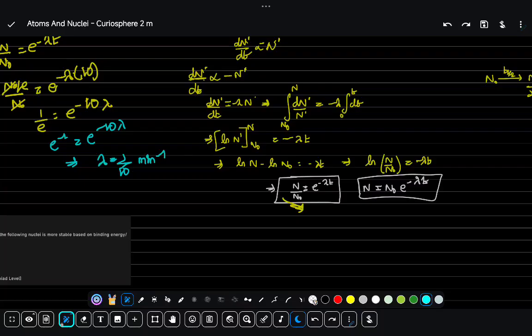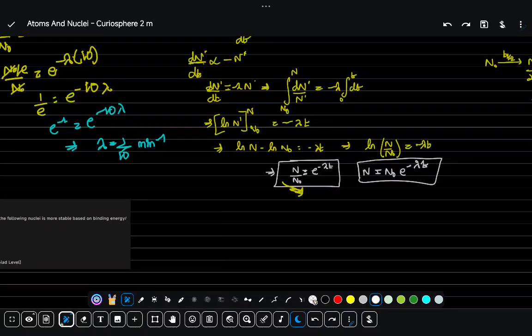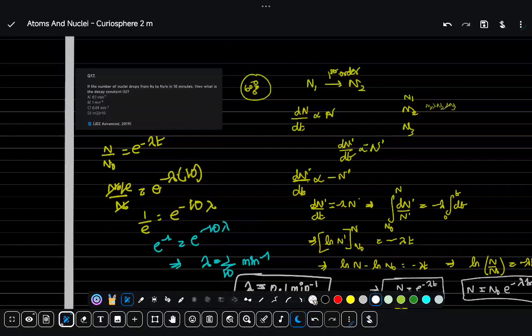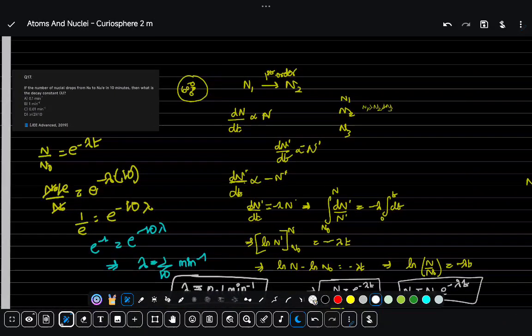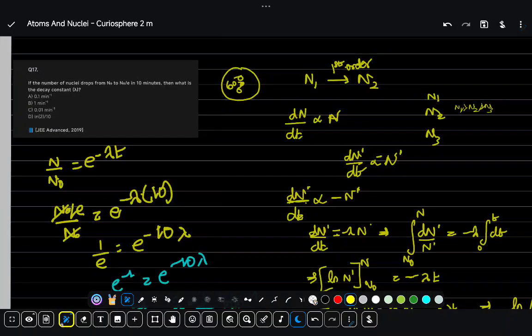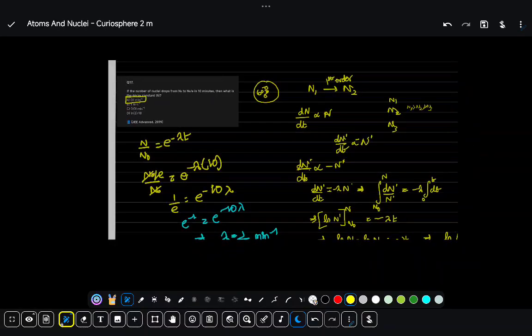So lambda is equal to 0.1 minute power minus 1, which is option A. So yeah, this question has been solved.